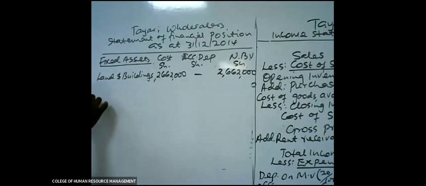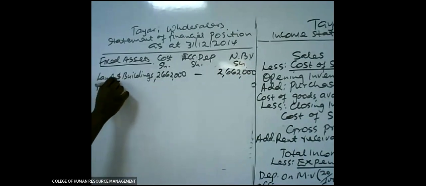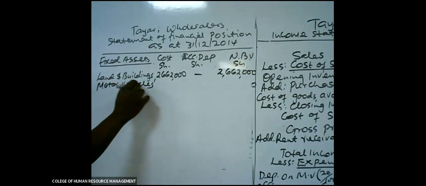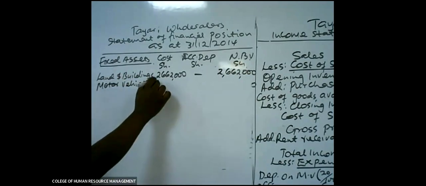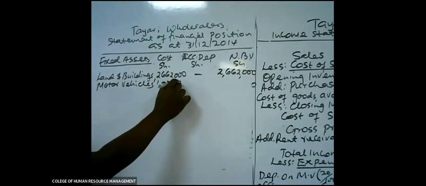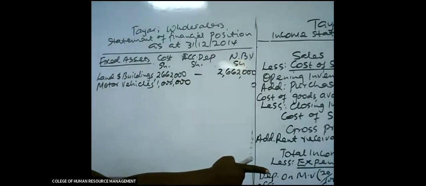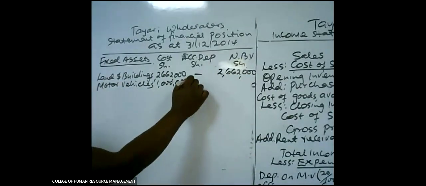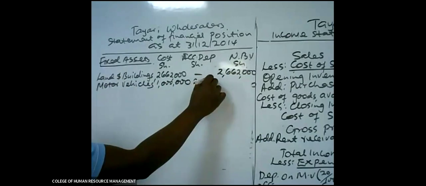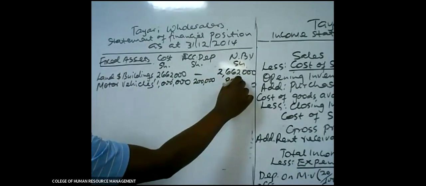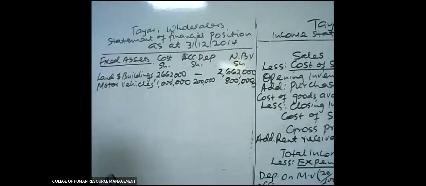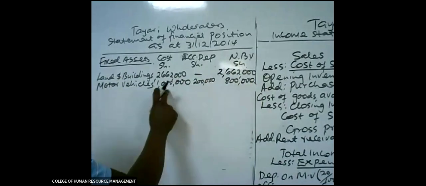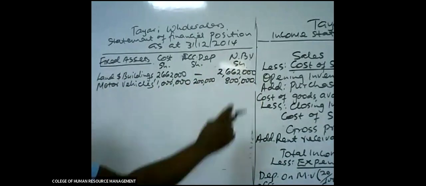Then we have motor vehicles. Their cost is 1 million. The depreciation that we calculated there, 20% of 1 million, is 200,000. So the remaining value is 800,000, cost minus depreciation.